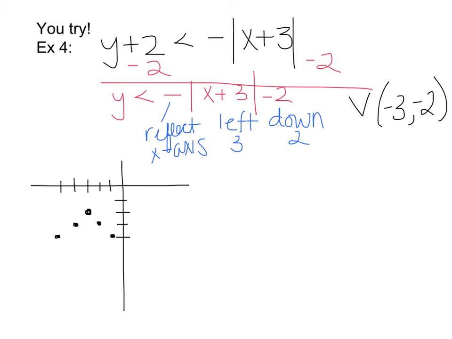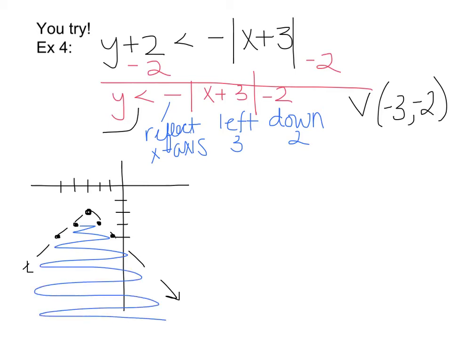Now notice the equation that was given to you was just less than, so when you go ahead to connect your dots, make sure you have a dashed V. Now you're looking for the part of the graph to shade in where y is going to be less than, so that is going to be everything below your absolute value bars.